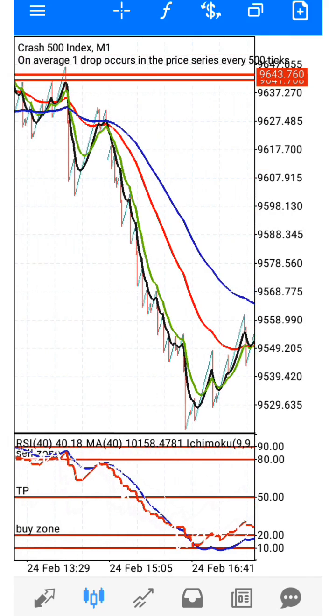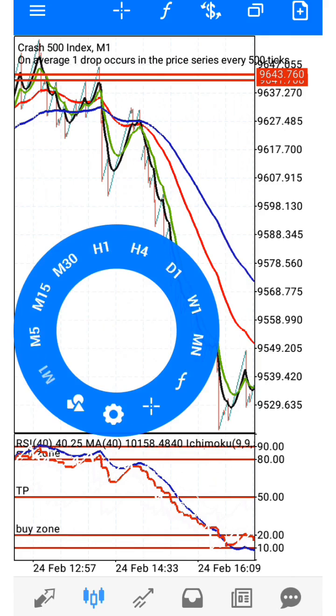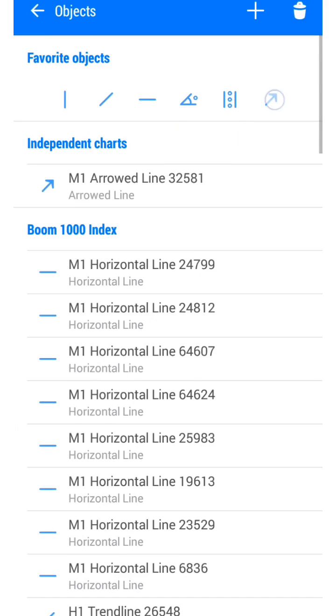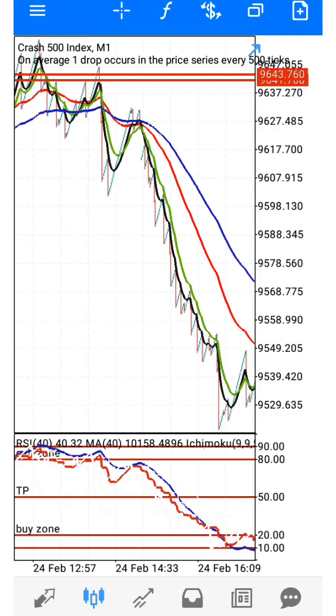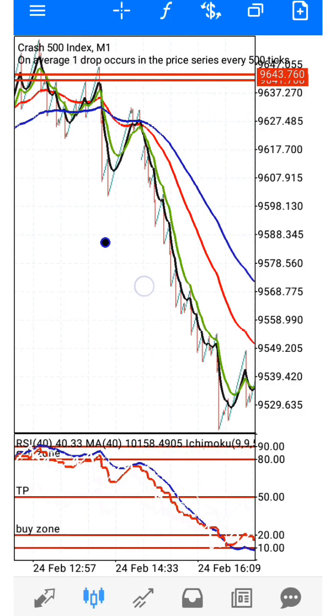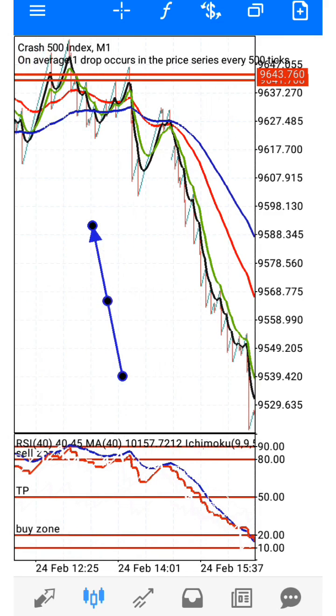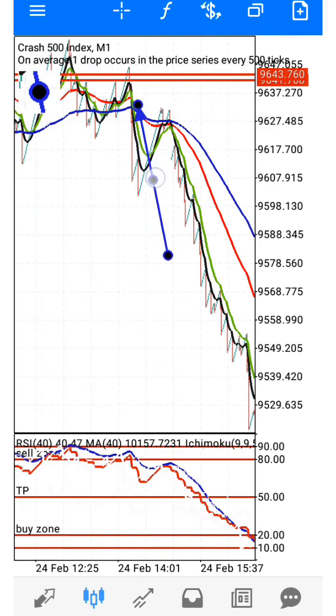The first confirmation is, let me highlight and explain 2 points for you here. This is the first condition: the two moving averages here crossed. After they cross, they still cross the red and the blue.